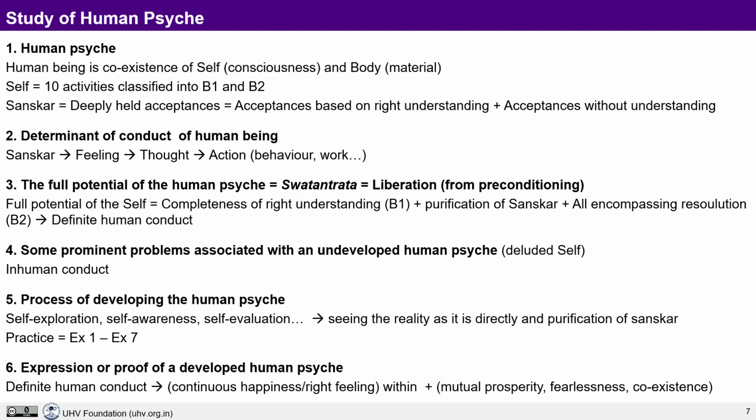Then the full human potential, if you see, that is the state of swatantrata or liberation. So that is completeness of right understanding, that is awakening of contemplation, understanding, and realization in the self, which purifies the sanskar and develops the all-encompassing resolution so that we have definite human conduct in our living. Now, when it is not there, then what could be the problems?